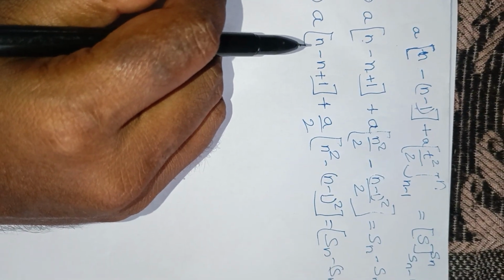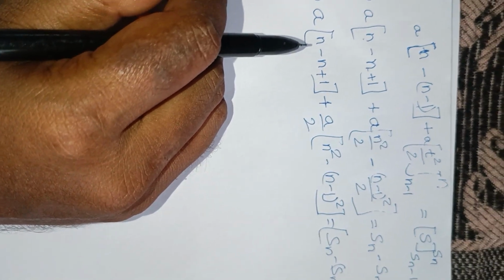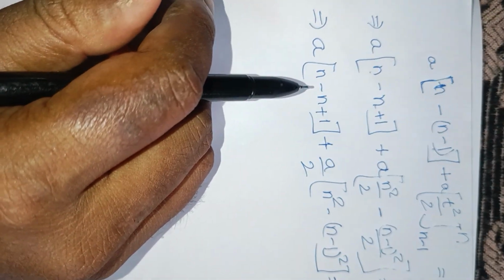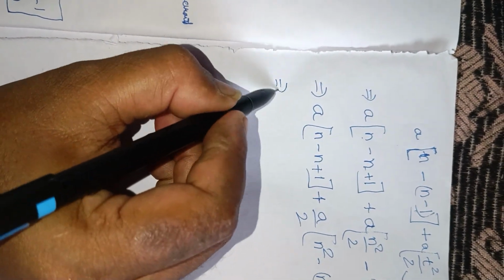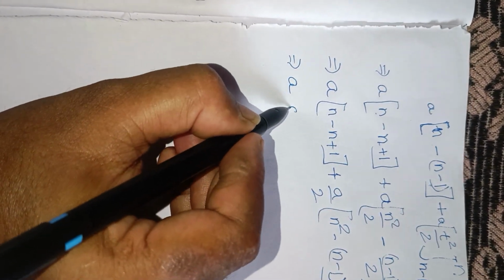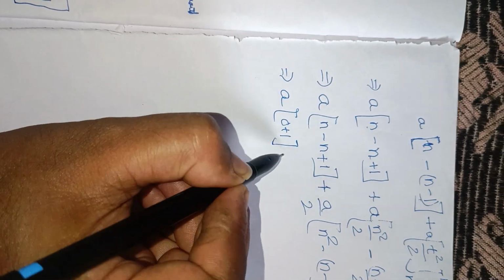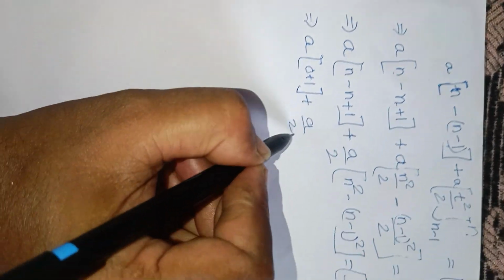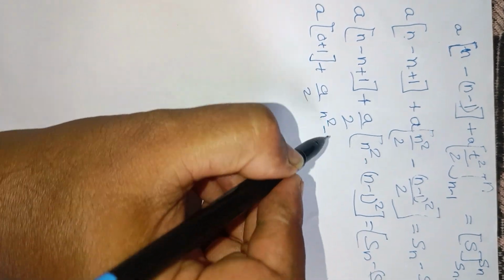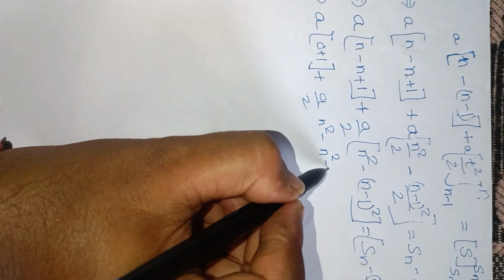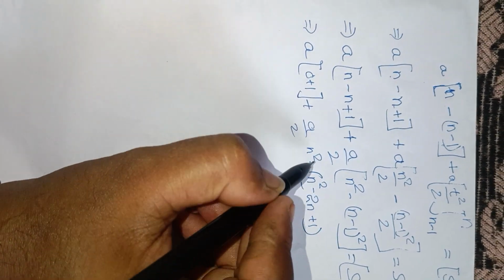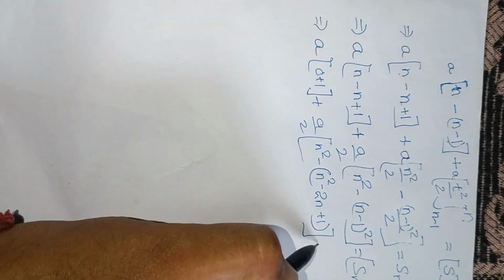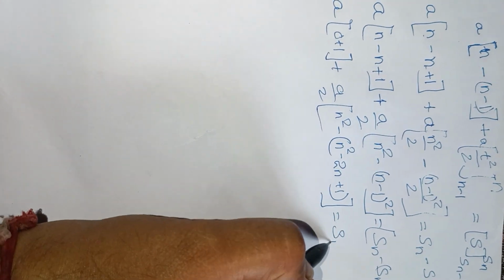After this, we have to conclude the equation. Since n minus n is 0, so 0 plus 1, we can write it as u also. Here we can write a by 2 times n square minus 2n plus 1. This is n minus 1, that is a minus b the whole square. You know what a minus b the whole square is? Am I right?